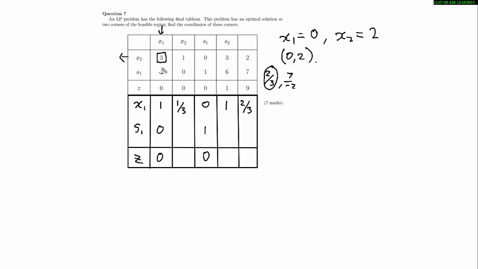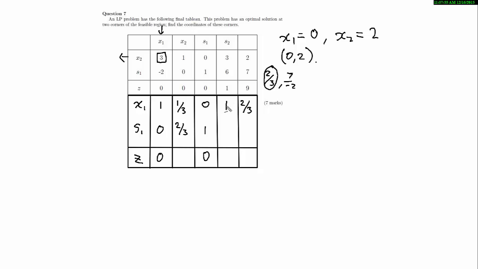Next we notice that we have a negative 2 here that gets turned into a 0. To make that change and to complete the entries on this row, we have to add 2 copies of this x1 row to the original s1 row. So we're adding 2 times 1 on 3 to 0, which is 2 on 3.